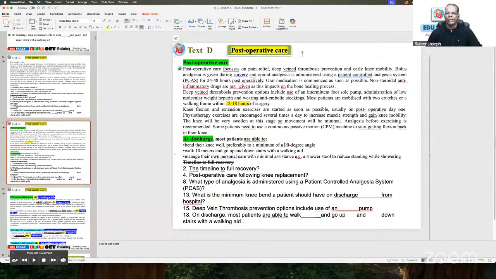Distance, 10 meters. 24 to 48 hours. 12 to 18 hours. Okay, 48 hours.